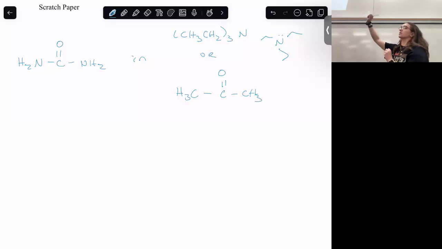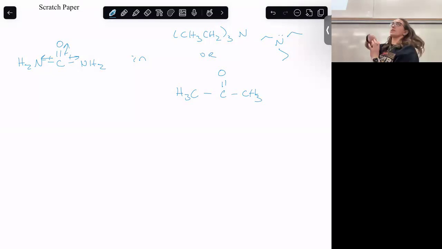What do we think the solute is? Is that polar or non-polar? This is polar, right? If we look at our differences in electronegativity, this is going to have our dipoles. That one is going to be non-polar, right? It's not symmetrical because we still have that oxygen double bond.